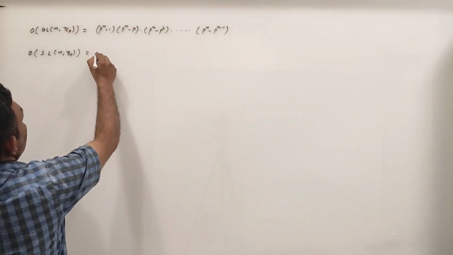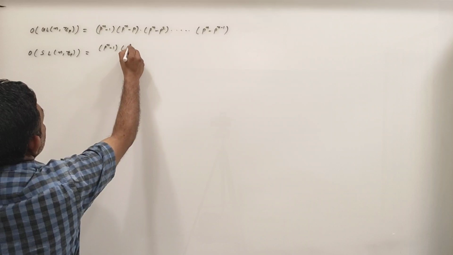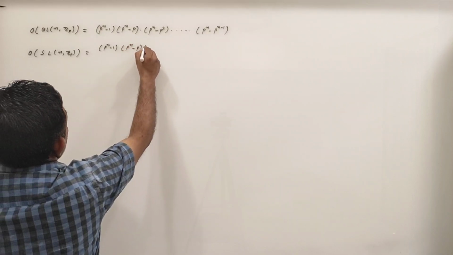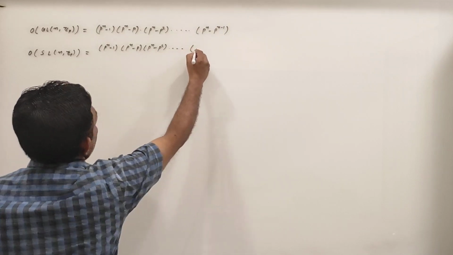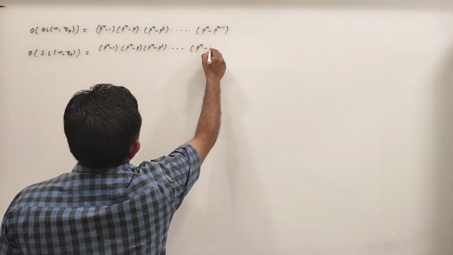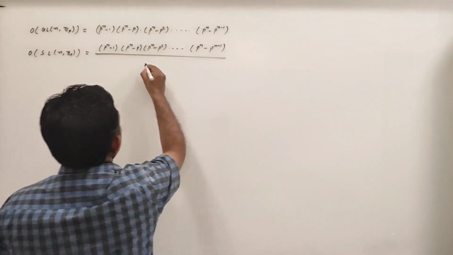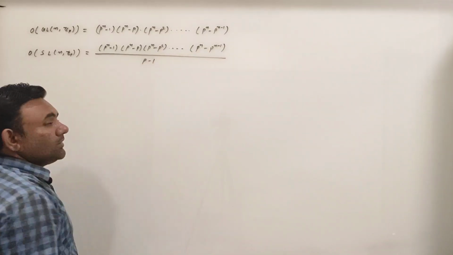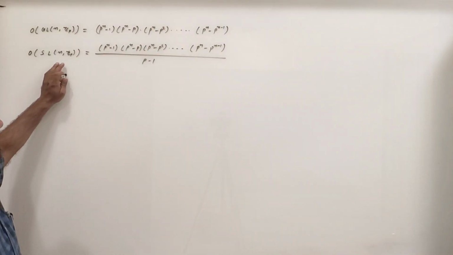So if I write it explicitly, it is (p^n - 1)(p^n - p)(p^n - p^2), and so on, (p^n - p^(n-1)), divided by p - 1. So this is the formula for the order of GL(n, Zp) and SL(n, Zp).